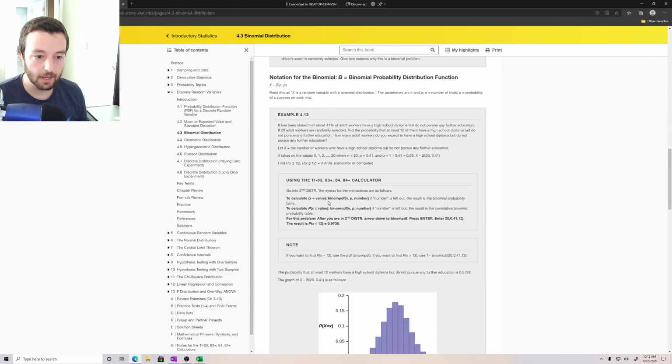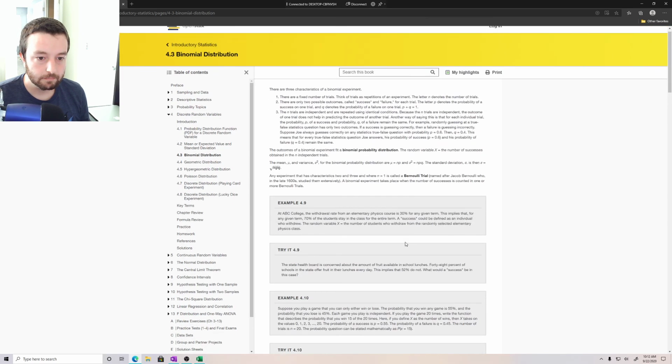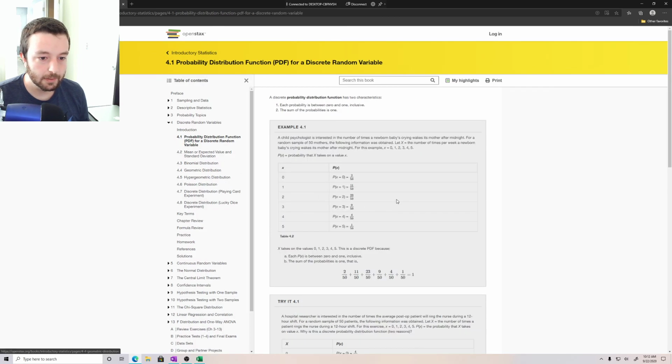But if you do, you can go through this and look at how to do them. It has built-in functions, binom PDF, binom CDF. The CDF is if we had a third column on the PDF where we added all the previous ones. So the first one would still be 2 over 50, but the next one would be 13 over 50 because it would be these two added together.